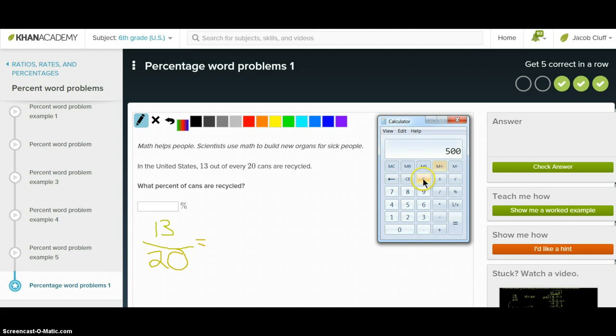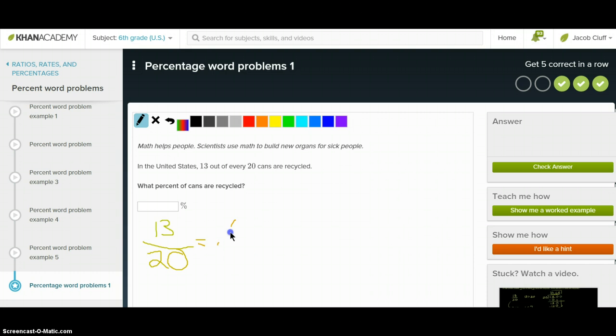So let's do that. So 13 divided by 20 is 0.65. And we know if we're converting this decimal to a percent, then we move the decimal place over twice, and it becomes 65%.